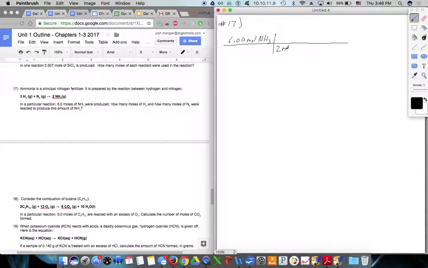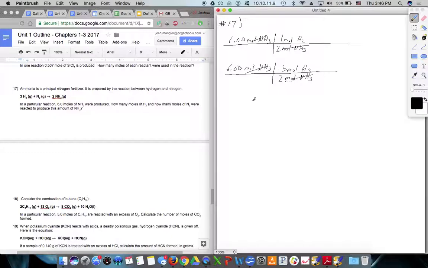Two moles ammonia, 1 mole hydrogen. That's the first problem. We're solving for hydrogen. Let's do the next one. 6.00 moles of the ammonia. 2 moles ammonia. 3 moles of the hydrogen. Is this thing balanced correctly? Yeah, okay.